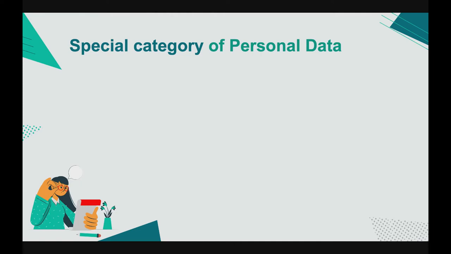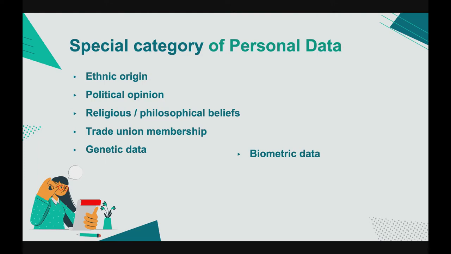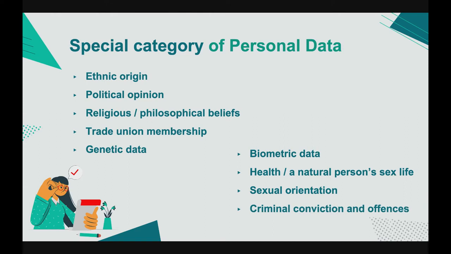The special category includes the data regarding your ethnic origin, political opinions, religious or philosophical beliefs, trade union membership, genetic data, biometric data, data concerning health or data concerning a natural person's sex life, sexual orientation, and data relating to criminal convictions and offenses.